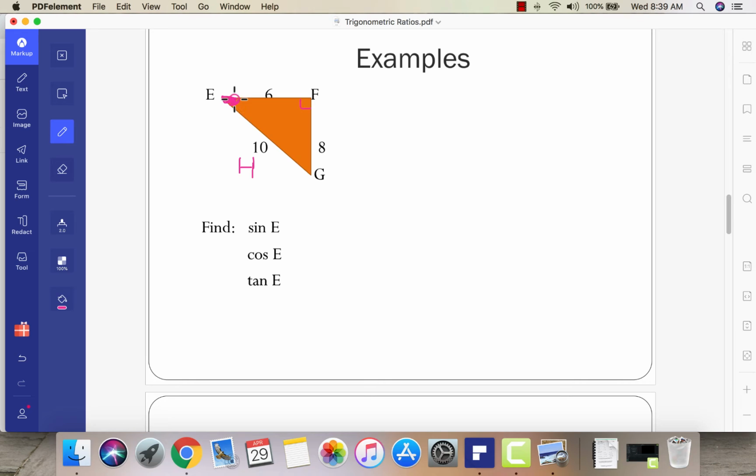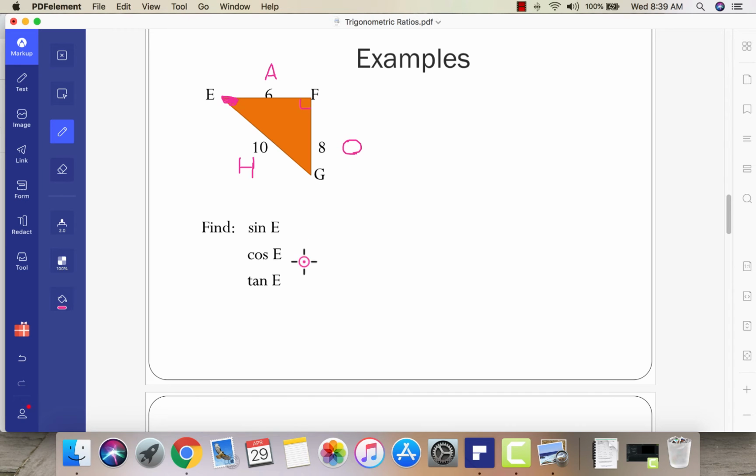The sides adjacent or right next to this angle are this side and this side, but this side we already labeled our hypotenuse, so this one has to be adjacent, and then this side is opposite of the angle, so it has to be opposite.